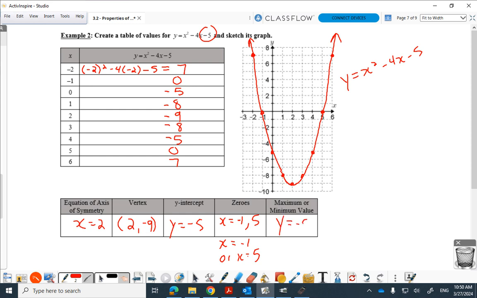Is it okay? Wait, why is it 3? Why is it 3 on zeros? I didn't write that. There's not a 3. I said you could write it this way, or you could write it this way. That's the way I had been writing it, but I'm mentioning this one because as we move forward, we'll probably write it that way.